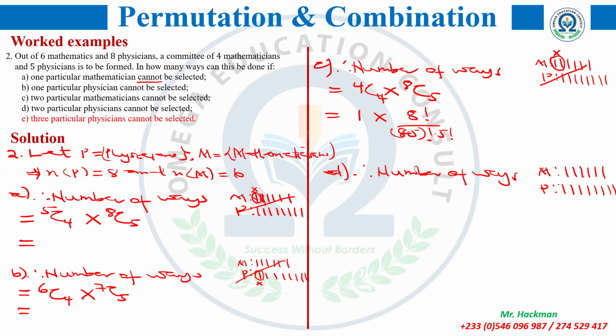P. So the number of ways will be equal to, for M, 6 combination 4. No restrictions, so 6 combination 4. Perfect. Times, for the P, 6 combination 5. You are selecting the 5 from the remaining ones. Very good. So 6 combination 5. At this point, you should be able to continue.